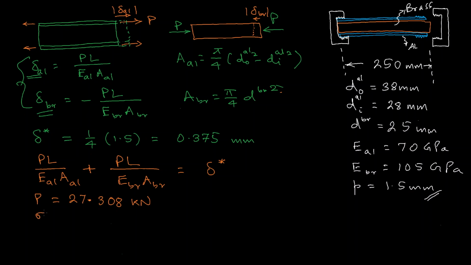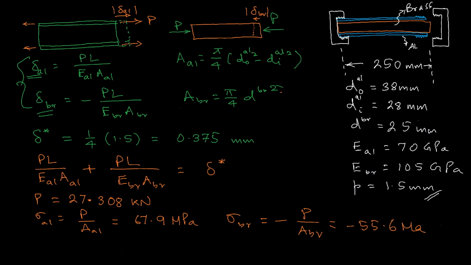The stress in the aluminum tube is equal to P over the area of aluminum, and this will come out to be 67.9 megapascal. Then sigma of the brass will be compressive, so P over area of brass, and it will come out to be minus 55.6 megapascal.